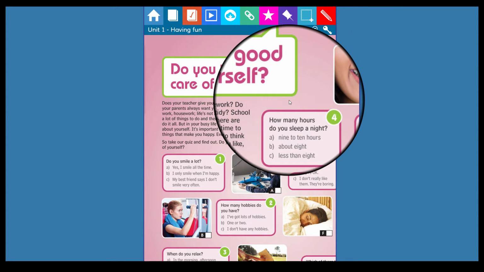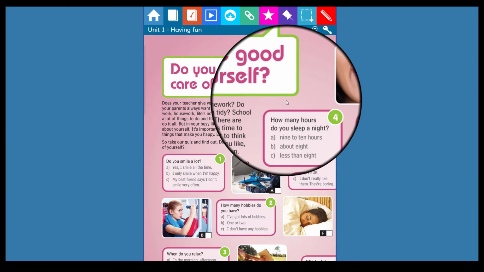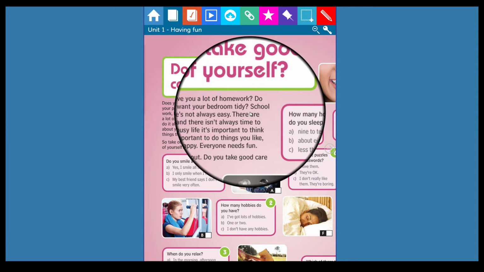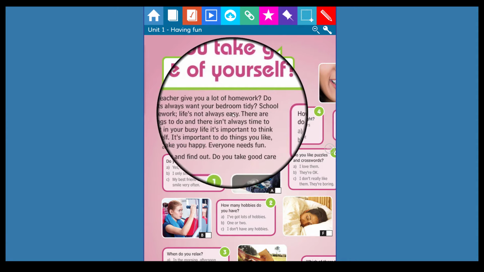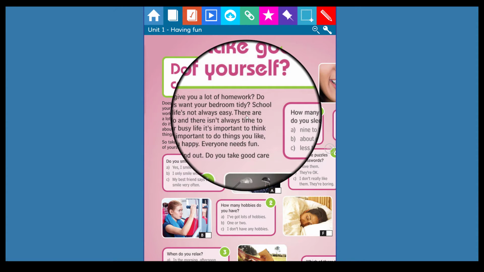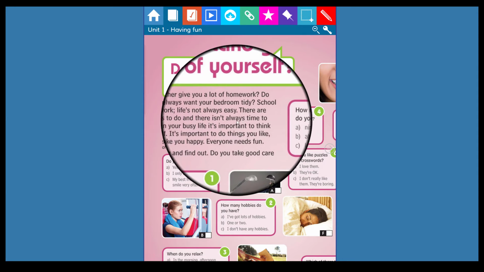Do you take good care of yourself? Does your teacher give you a lot of homework? Do your parents always want your bedroom tidy? Schoolwork, housework, life's not always easy. There are a lot of things to do, and there isn't always time to do it all.